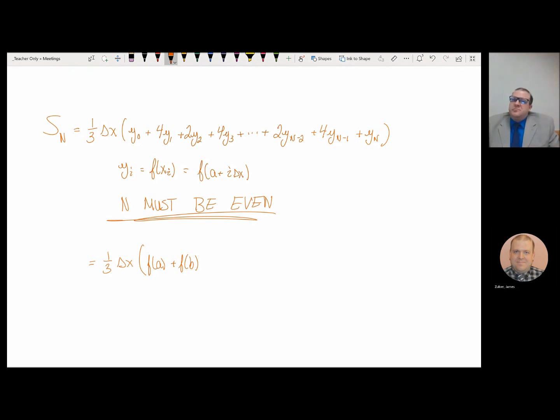Notice that all of the odd indexed y's are multiplied by 4. The sum goes to n minus 1, I believe.